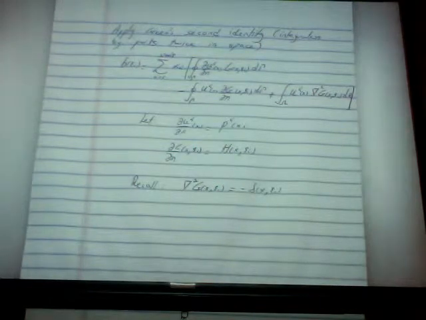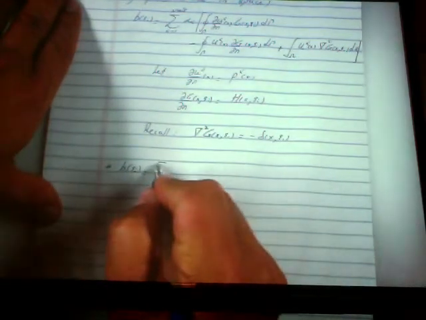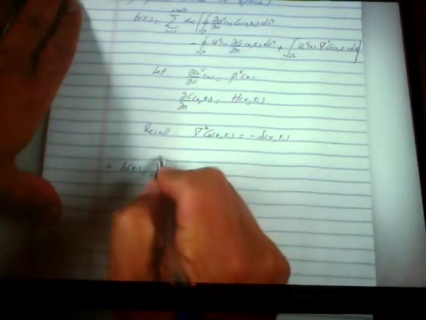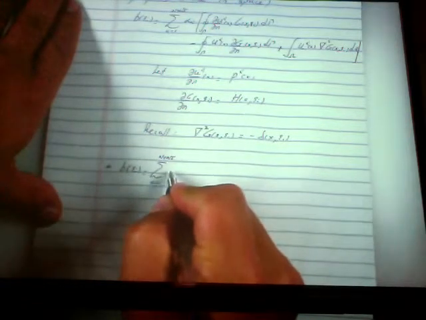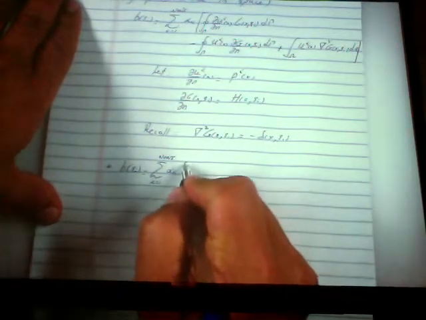So B of psi I is equal to the summation from k equal 1 to n plus ni of alpha k.